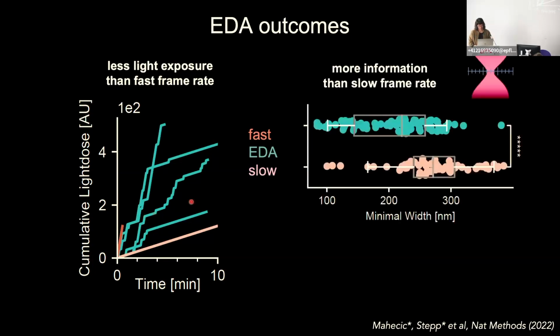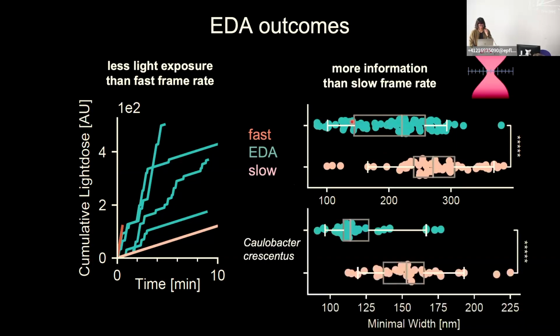And so one of the measures that we had was, how narrow are the division sites that we're able to see? And you can see that the minimal width of the mitochondrion that we can capture is smaller in the case of event-driven acquisitions compared to slow acquisitions. We also were able to repurpose this network to study bacterial division, mitochondria having bacteria as their ancient ancestors.